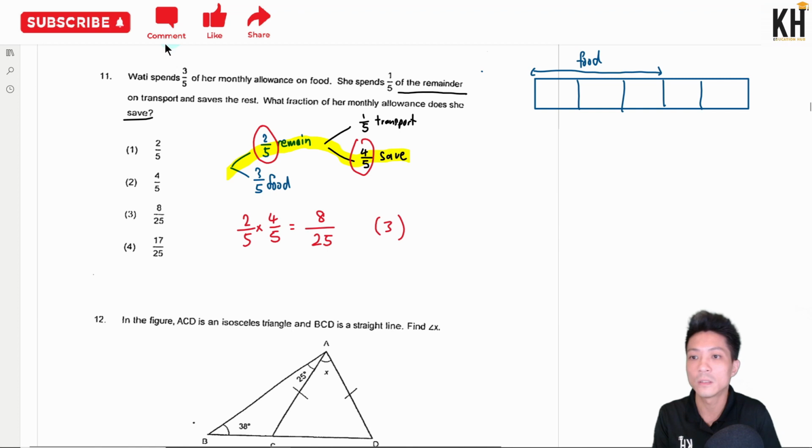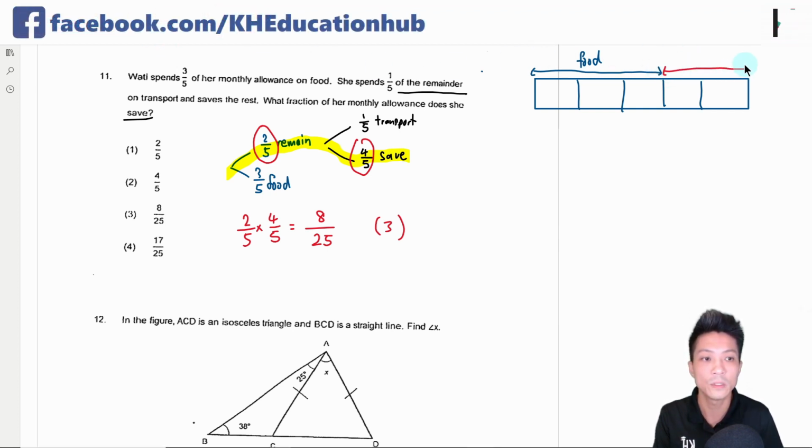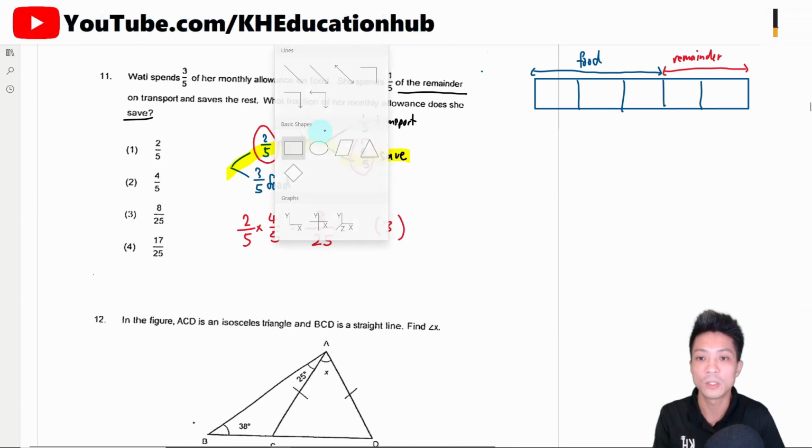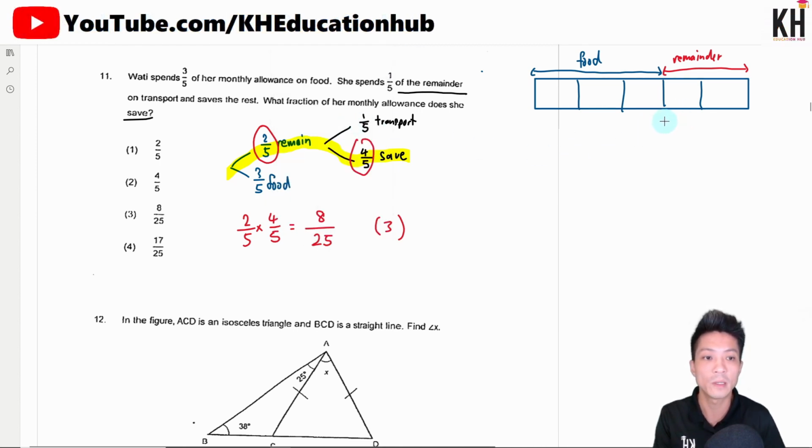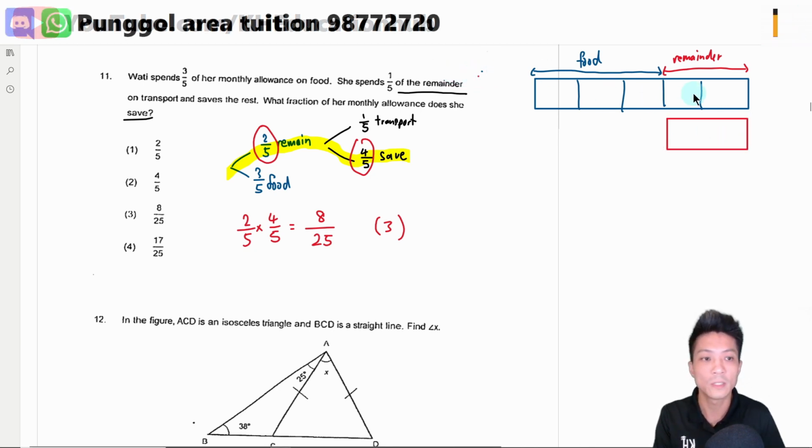Then maybe I can use a different color for here to here, which is the remainder. For the remainder, I usually like to draw a separate block below. Here should be good enough. And then she spends 1/5 of the remainder, so you need to cut this into 5 blocks again.